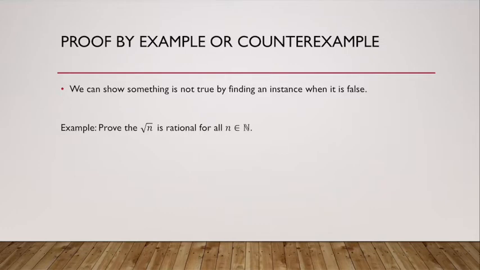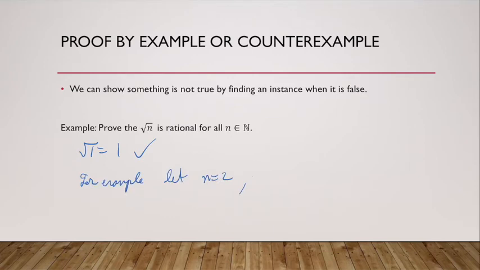The last and best type of proof is a proof by counterexample, okay? When we're proving by counterexample, we can show something is not true by finding an instance when it is false. So prove the square root of n is rational for all n element of N. I know the square root of 1 is 1, which is rational, but for example, let n equal 2.